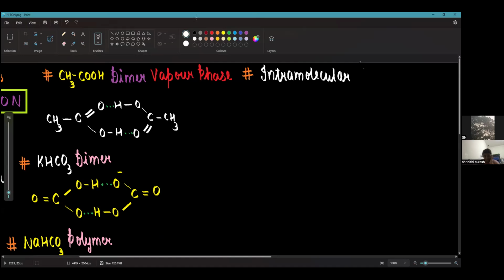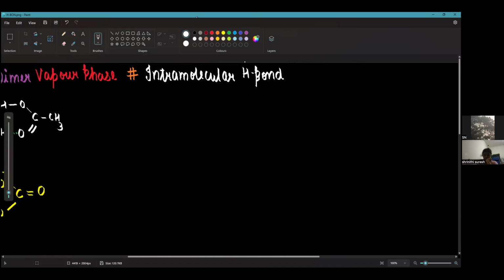But in intramolecular H bonding, we'll have only one molecule, and within the same molecule, you are going to have a hydrogen bond. This intramolecular hydrogen bonding causes chelation. The meaning of chelation is it will form a ring-like structure. It forms a ring. It forms chelation.